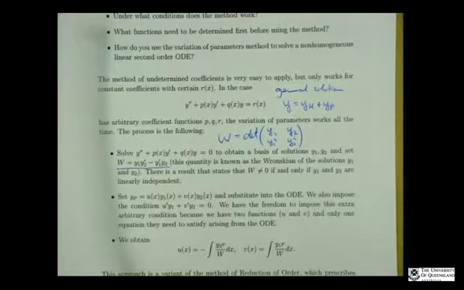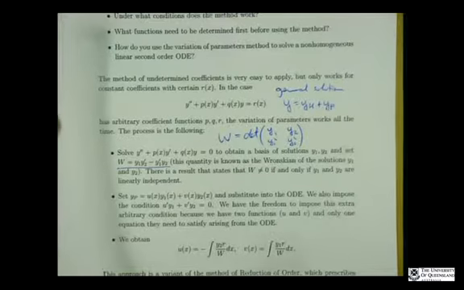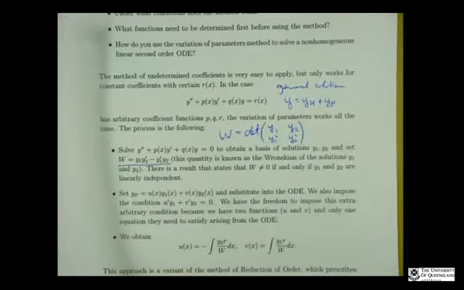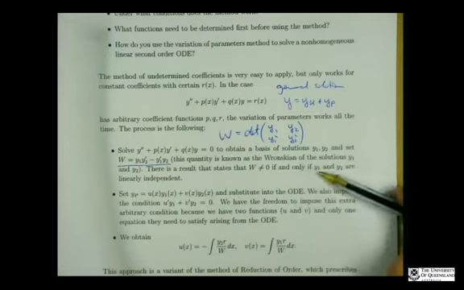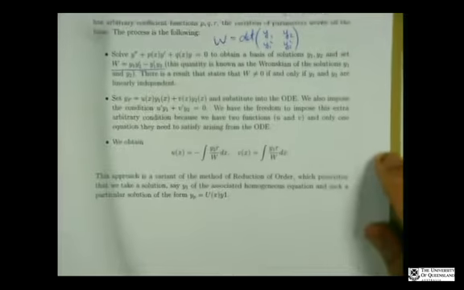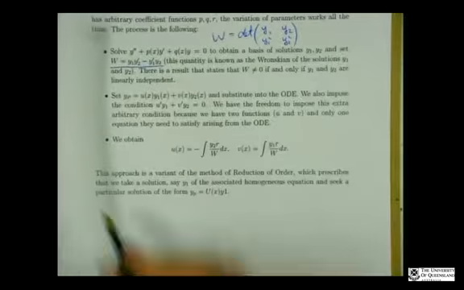By the way, there's a result that states for solutions to a linear homogeneous differential equation, the Wronskian of those solutions is non-zero if and only if y1 and y2 are linearly independent. In fact, we can generalize that statement and define Wronskians for higher order equations.